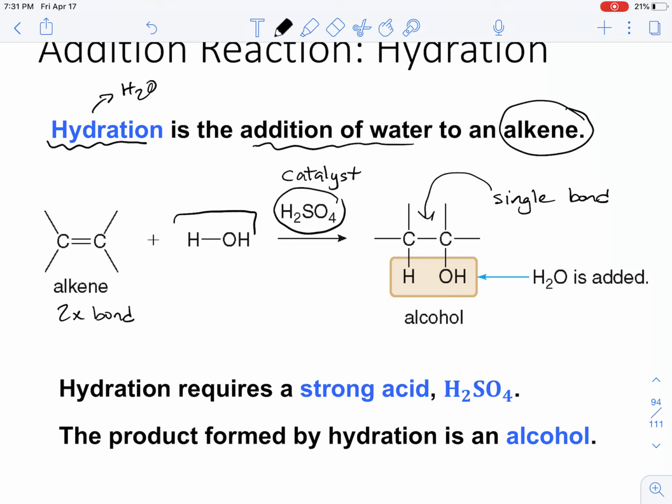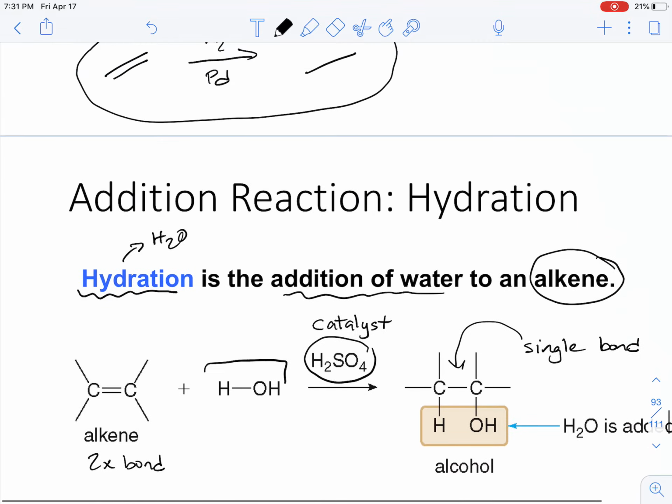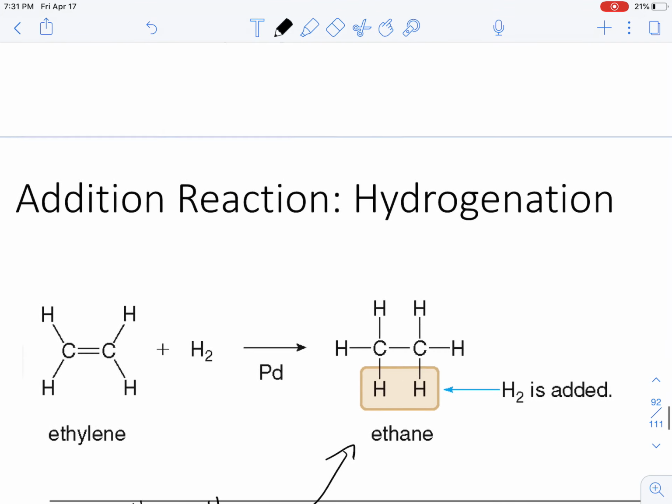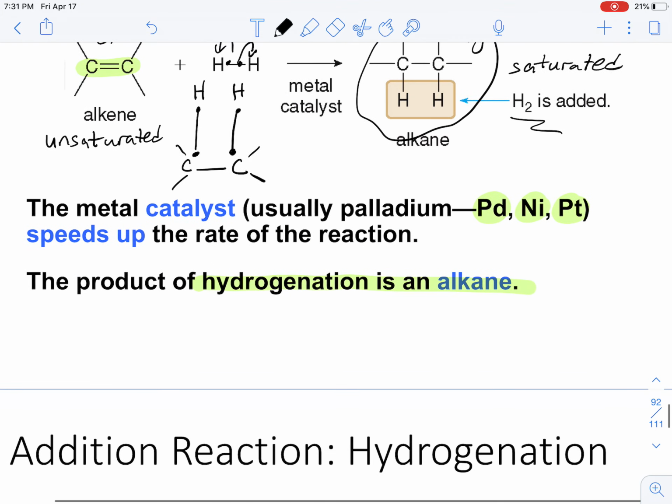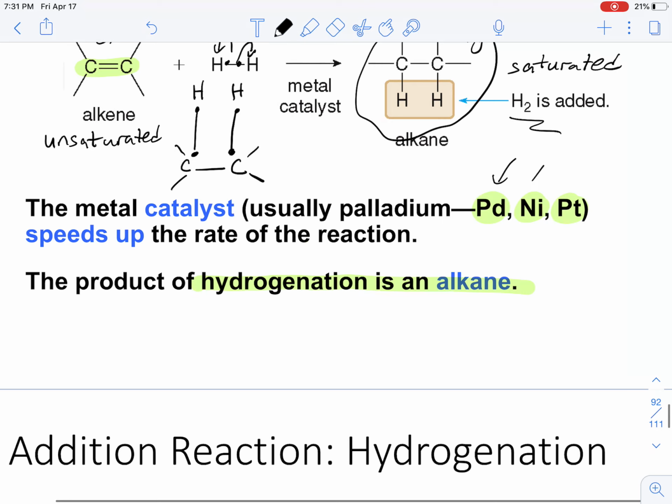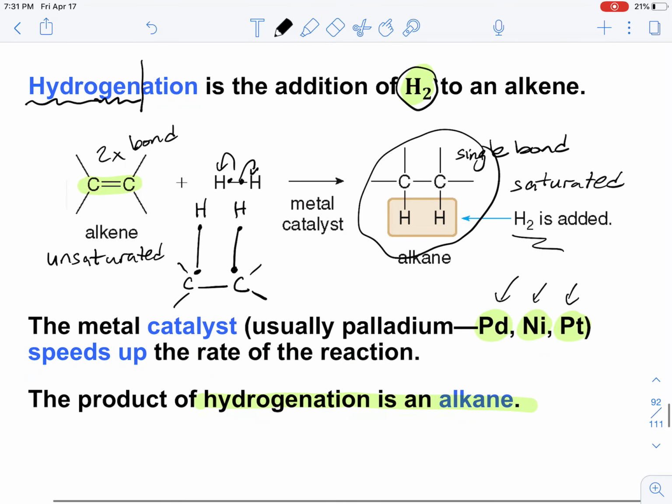And so this catalyst acts like that palladium that I mentioned earlier. However, it's specific to a hydration reaction. So try not to mix those two up. If you have palladium, nickel, or platinum with H2 gas, that's going to be a hydrogenation in which the product is simply going to be an alkane.